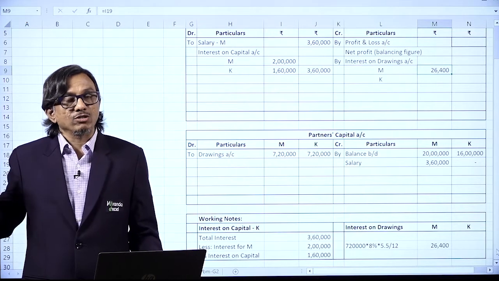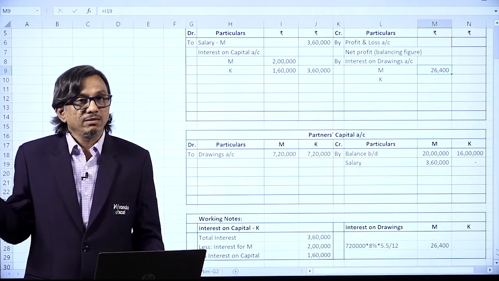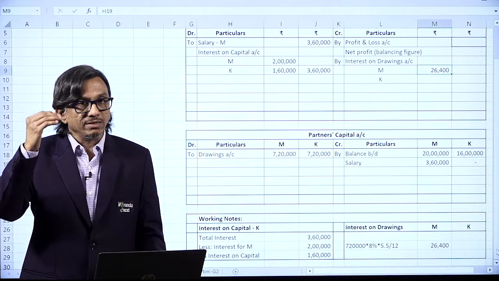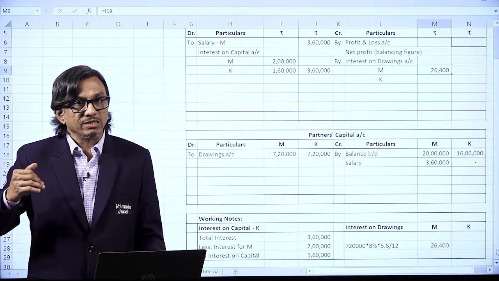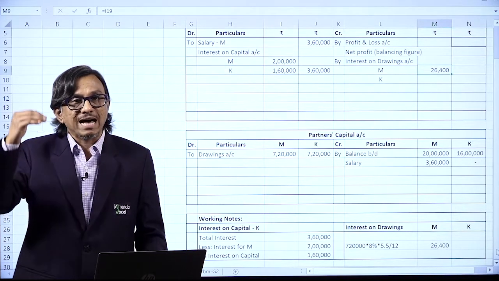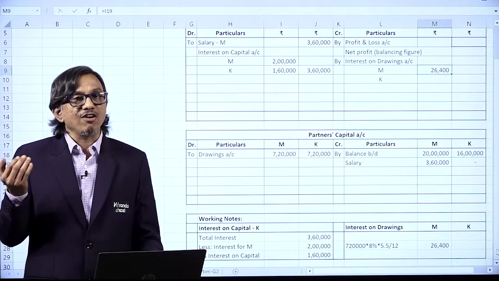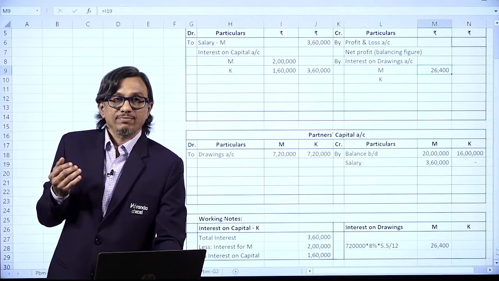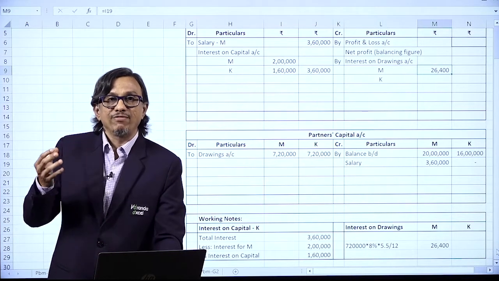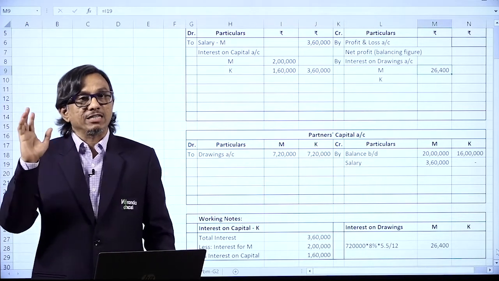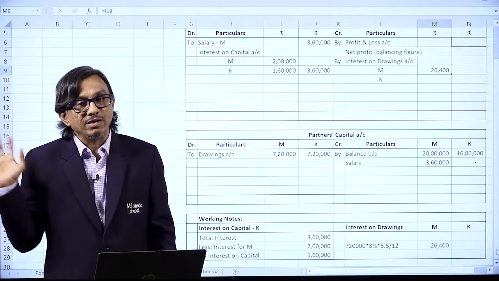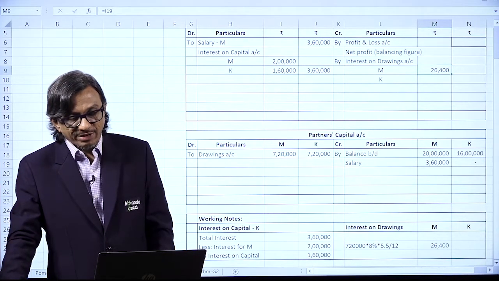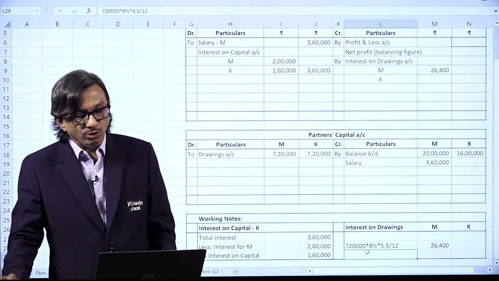Then the final drawing is on 31st December, 0 months. So 9 months, 6 months, 3 months, 0 months. What is the average? It is 4.5 months. So therefore, when a partner draws the same amount at the end of every quarter, you have to calculate interest for 4.5 months. So in the case of K, that is how we have to do the calculation.